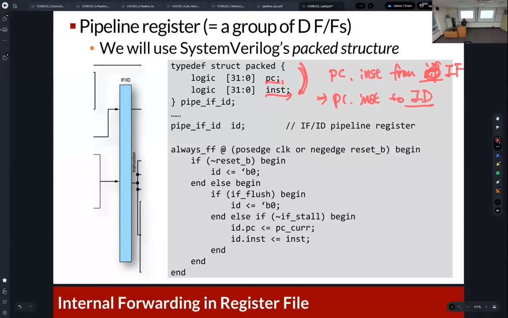Also, this pipeline register includes a flush control signal and a stall control signal. So when is the flush signal required?